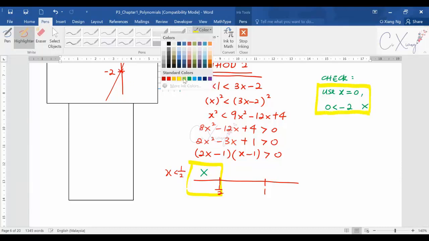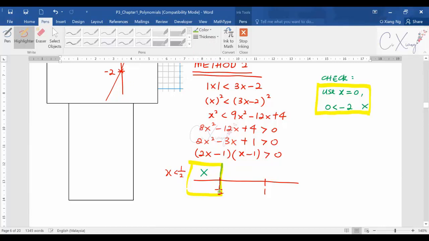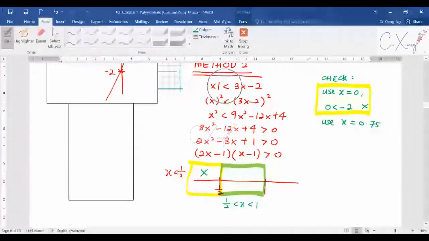Then now we move to the next part, from here until here. For this part, it is between half and 1. You can use any value that you like. This is 0.5, this is 1, so you can use 0.75 if you want. Substitute x equals 0.75 into the original inequality.